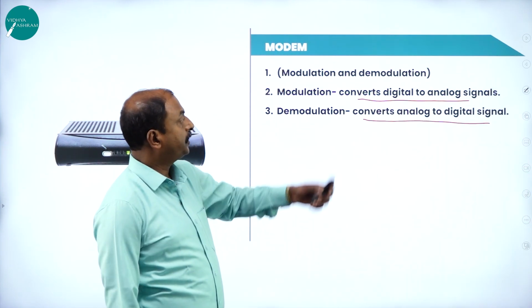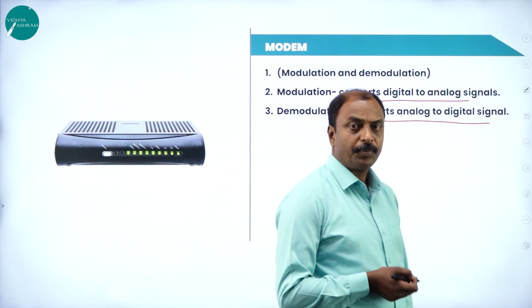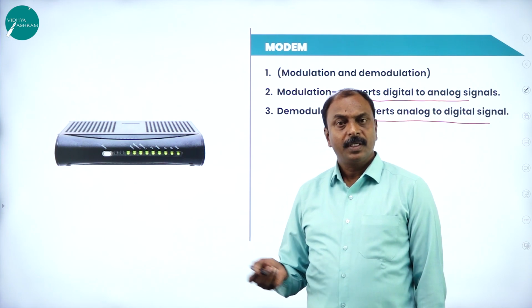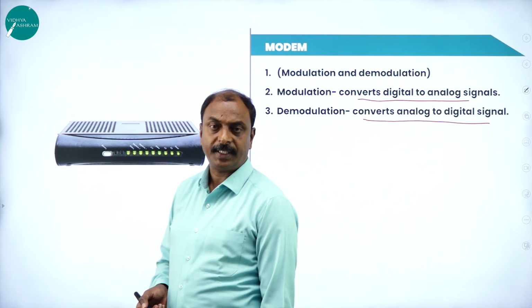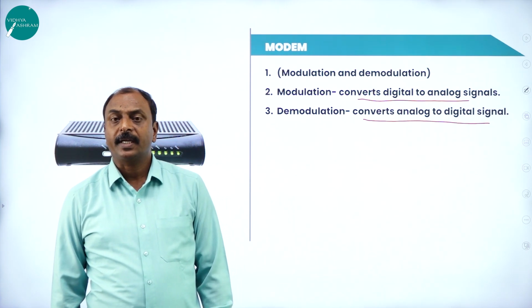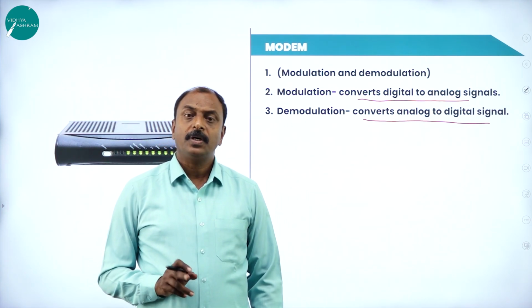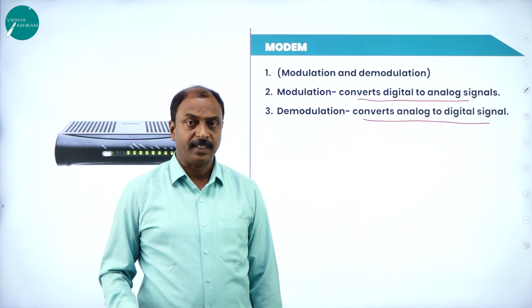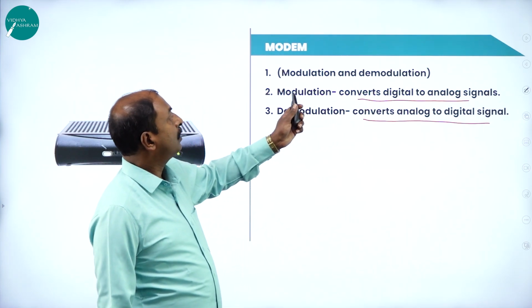Whenever data moves from our computer to the transmission medium, it is in the form of digital data. In a computer it is digital data, but the transmission medium cannot carry digital data, so it has to be converted into analog form. That conversion takes place inside the modem. That is called modulation.